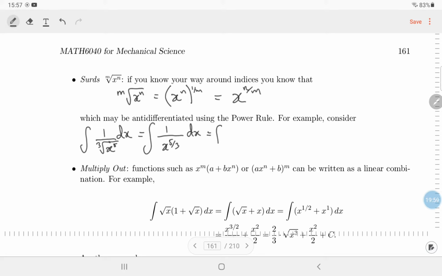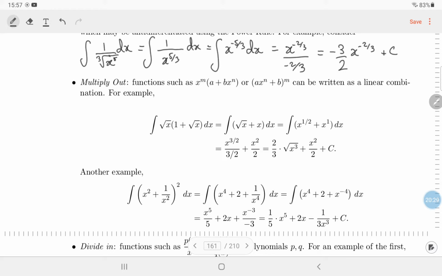So it is equal to a negative power. And now add 1 to the power. So minus 5 over 3 plus 1 is x to the minus 2 over 3, divided by the new power, which is minus 2 over 3. And then if I was going to tidy this up, dividing by 2 over 3 is multiplying by 3 over 2. You get minus 3 over 2, x to the minus 2 over 3 plus c.